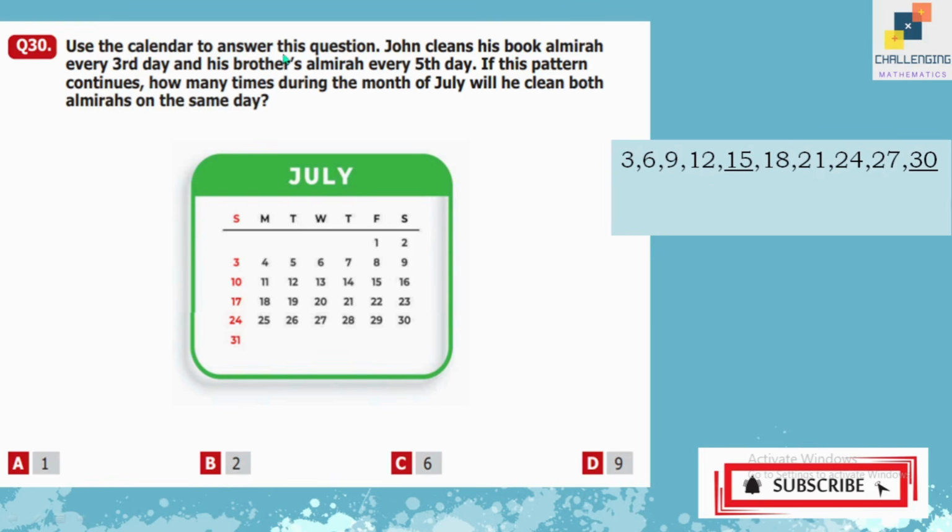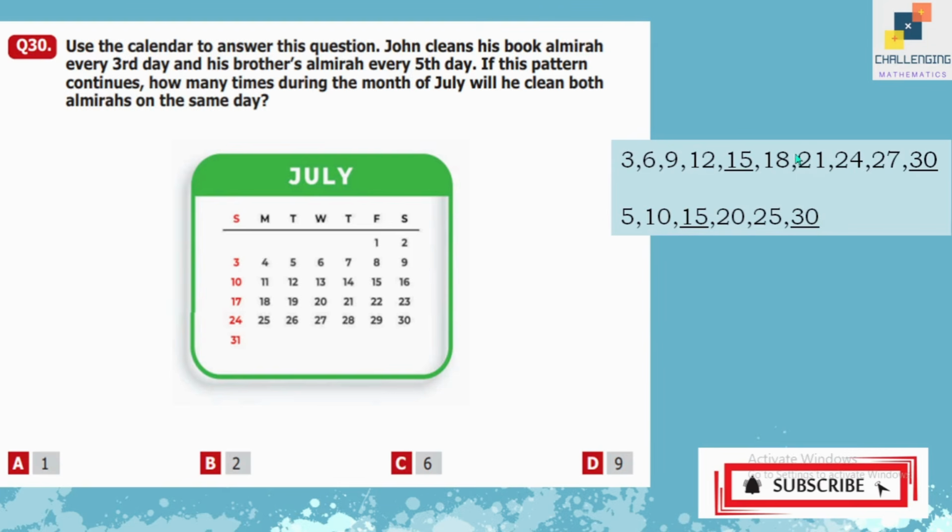So he cleans his book almirah on every third day. So we can write all the multiples of 3 till 30 or 31, meaning we should not exceed 31. So here from 3 to 30 I have written all the multiples, and he cleans the almirah of his brother on every fifth day. So we will write the multiples of 5 till 30.